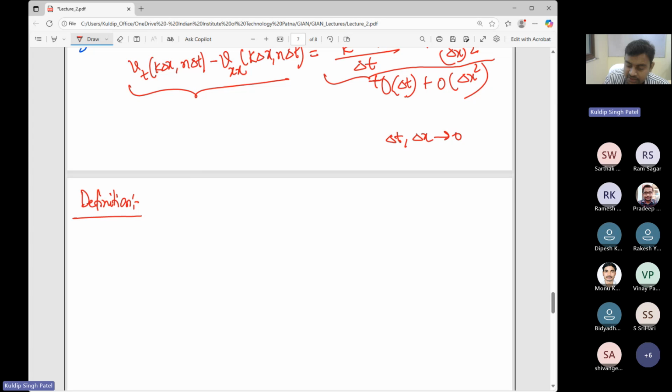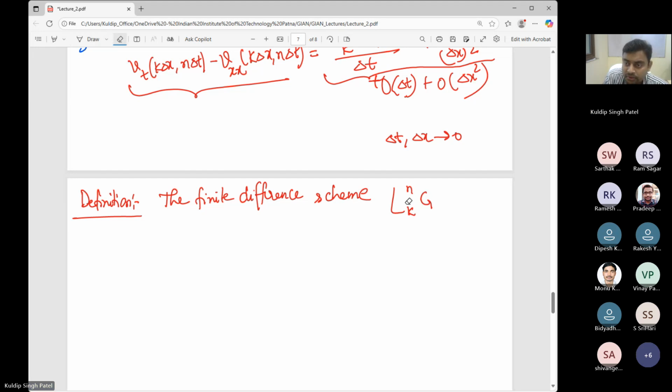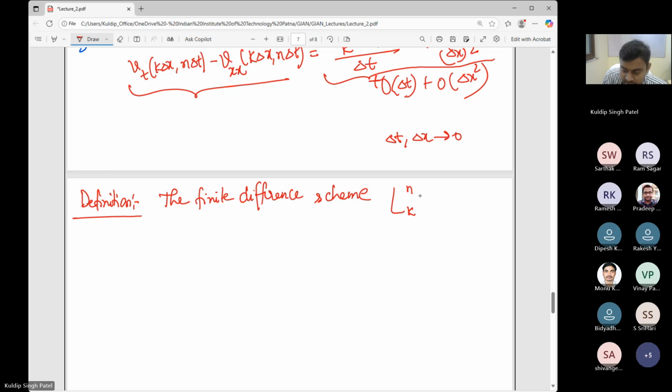So suppose we have the finite difference scheme L k n U k n equals G k n. Please do not be confused, it is basically your discrete equation.